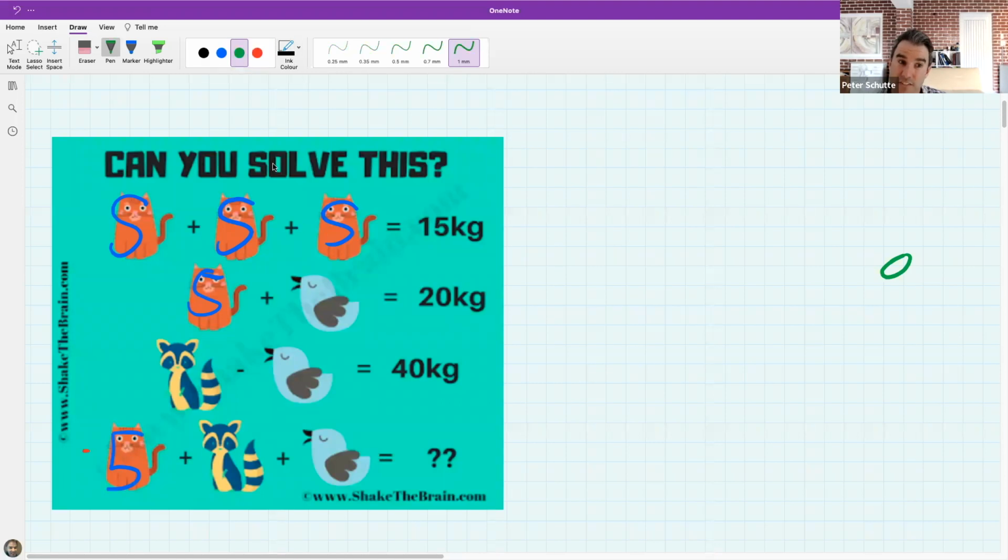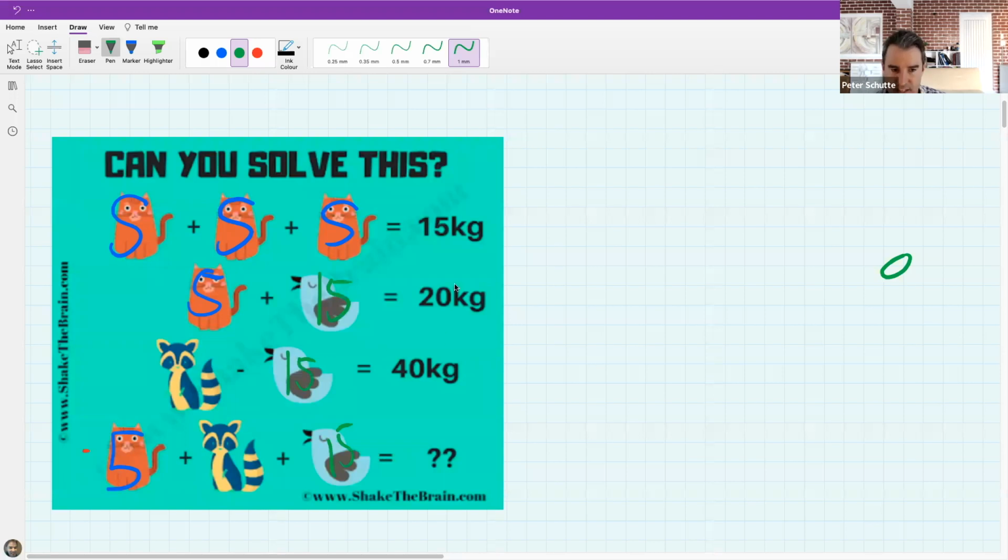Pretty sure this is 15. Let's use a different color. Now be careful because I think it's a raccoon. For me, the raccoon must be bigger than 40. How much bigger than 40?